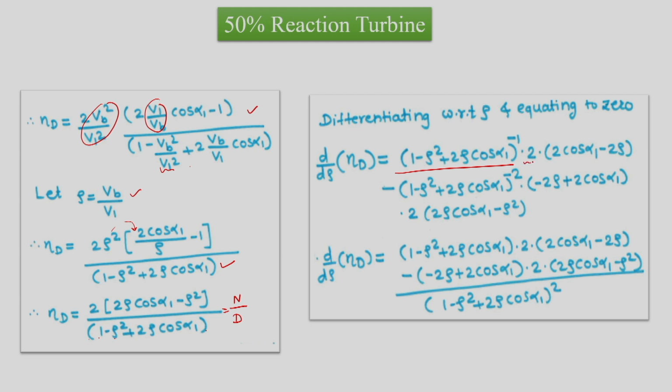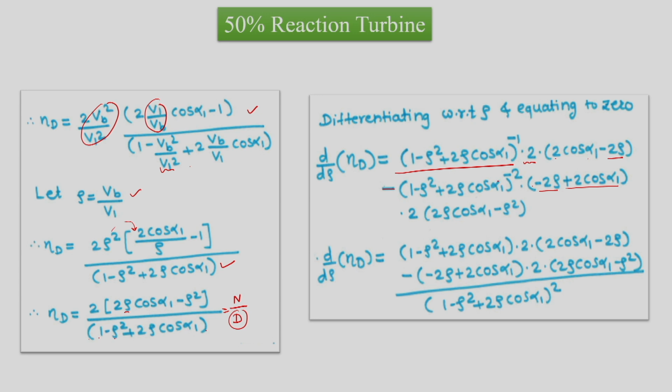Differentiation of numerator: 2 is a constant, and then we are differentiating with respect to rho, so 2 cos alpha minus 2 rho, minus, since it is a differentiation of denominator, we will have raised to minus 2 into the differentiation of denominator. 1 is a constant, so its differentiation is 0, minus twice rho plus 2 cos alpha 1, into 2 rho cos alpha 1 minus rho square.